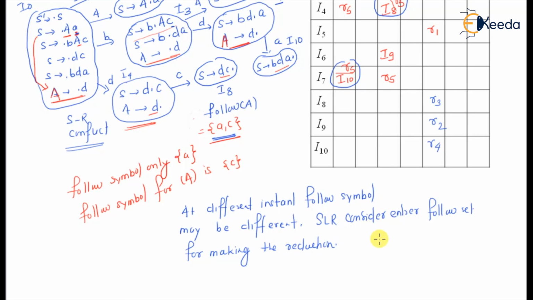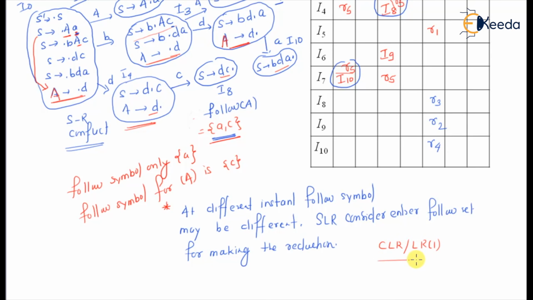That is the flaw with SLR: it considers the entire follow set, but at this instant C is not in the follow set, and in this particular instance A will not be in the follow set. So the follow set at different instances may be different, and the next is CLR, or LR(1).